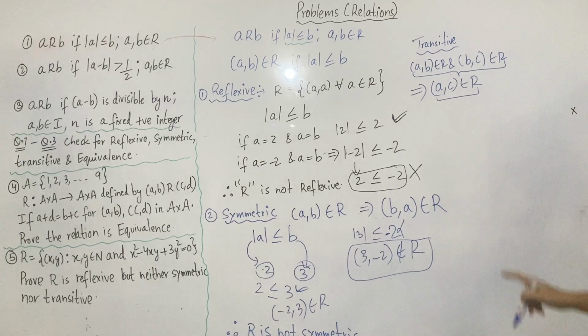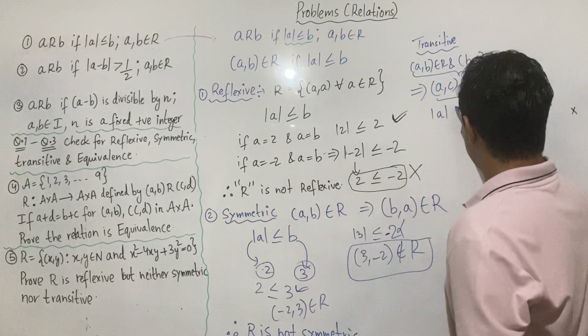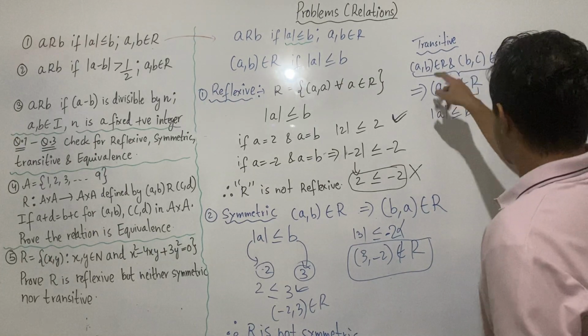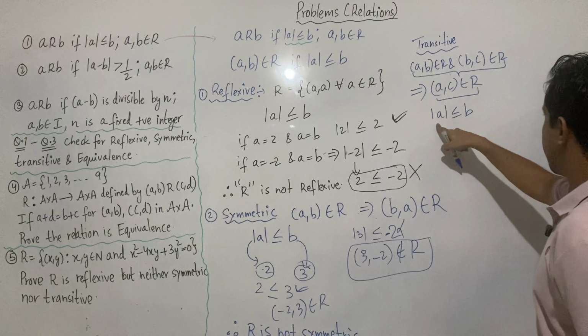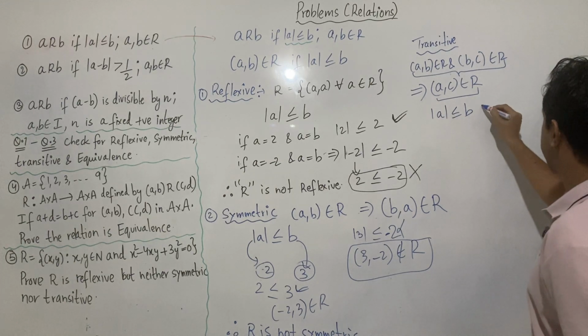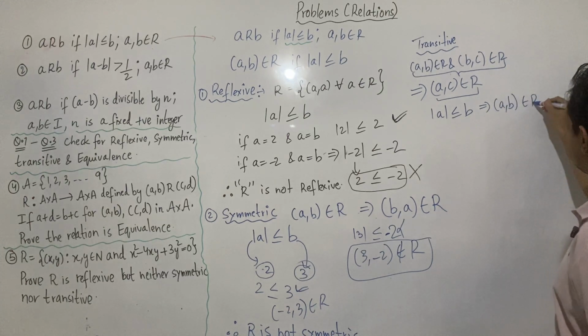Here we have mod of A less than or equal to B. If this happens, then I can say that A and B are in the relation, right?